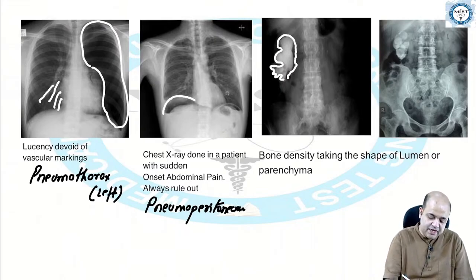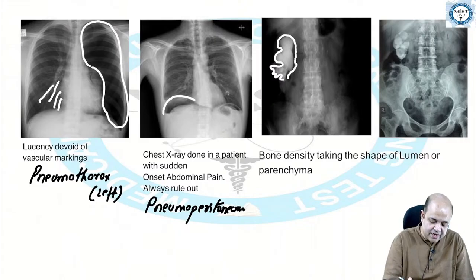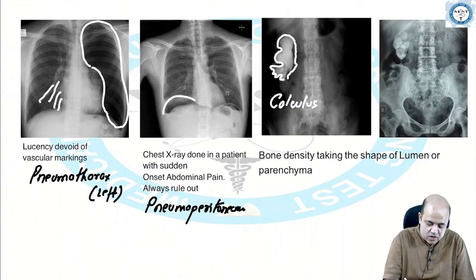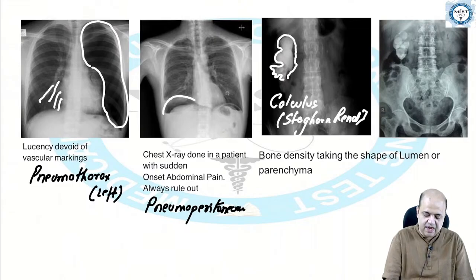So if it is taking the shape of a lumen, this is a calculus. And what is the special name that has been given to this calculus? It is a staghorn renal calculus.